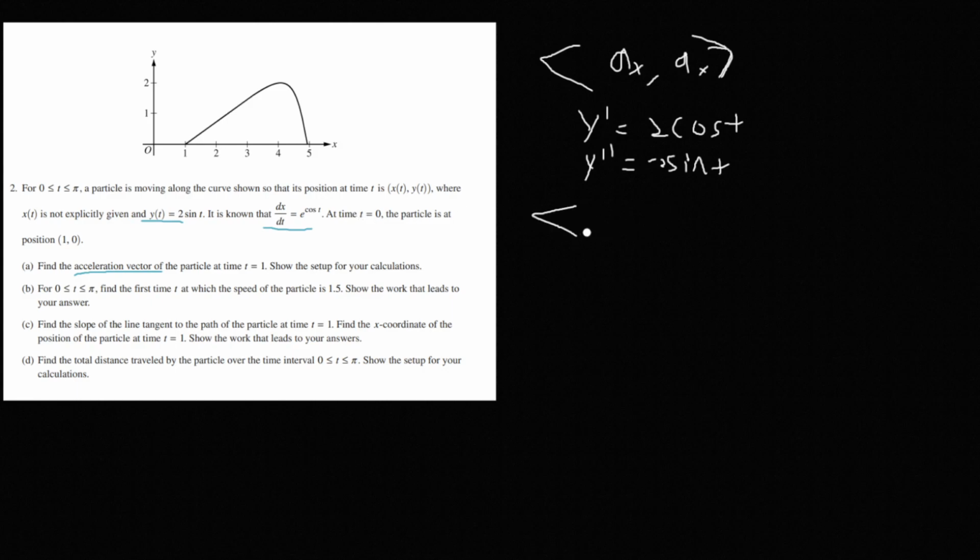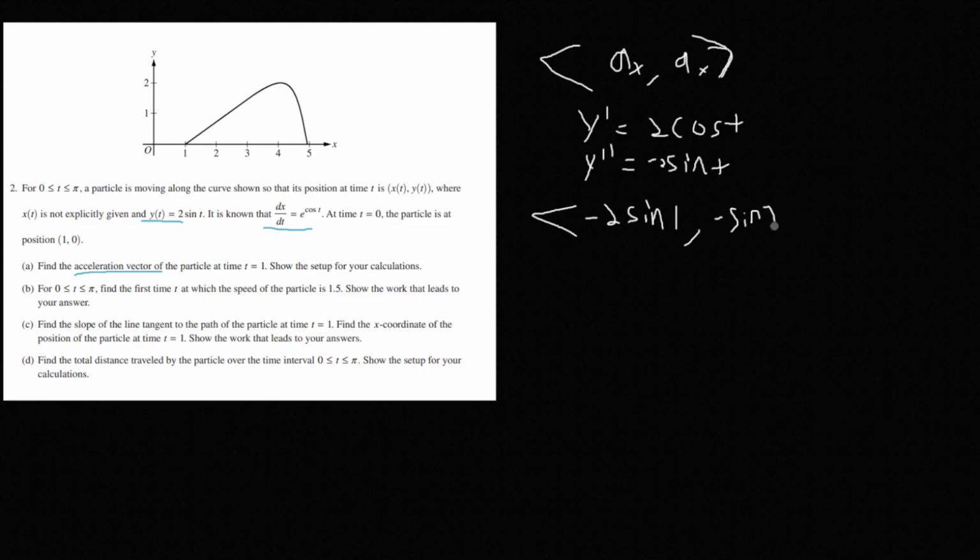And so this is going to be -2 sine 1. And then the derivative of e to the cosine t is going to be the derivative of the inner function, which is going to be negative sine t.